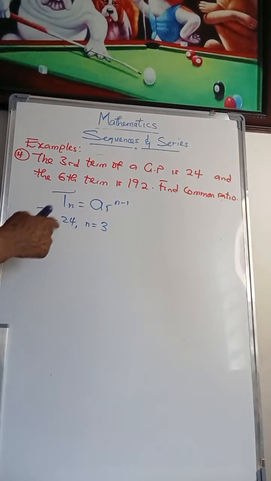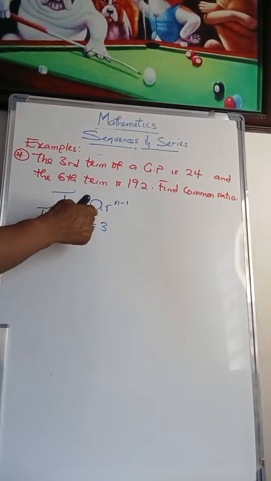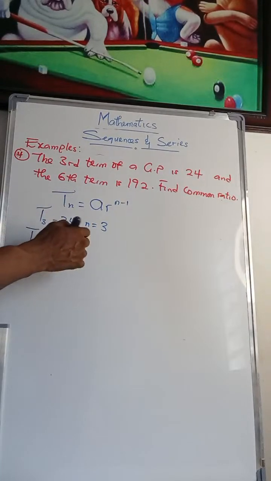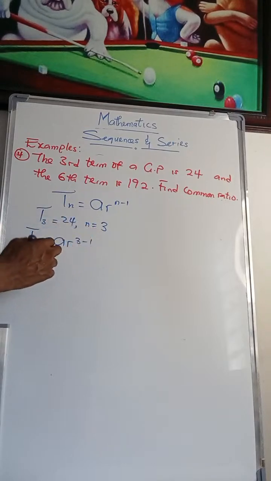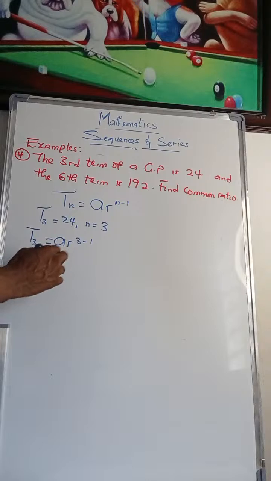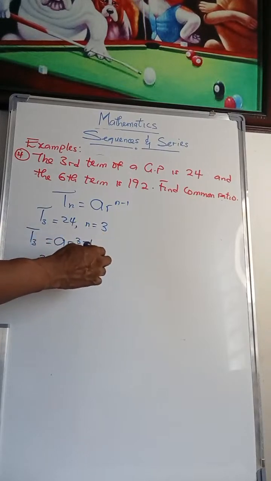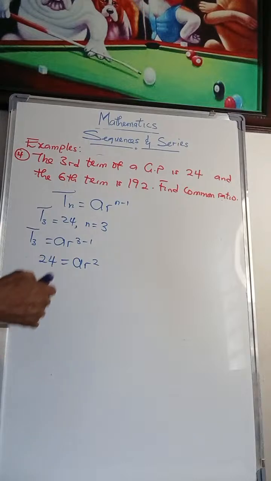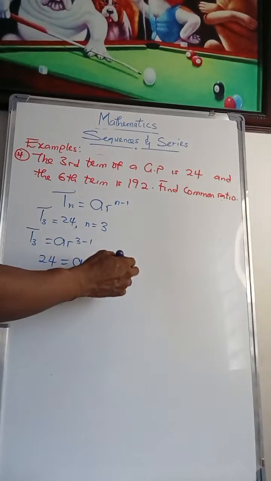So T3 equals a, r, with n minus 1, which is 3 minus 1. So 24 equals AR raised to 2. This is equation 1.